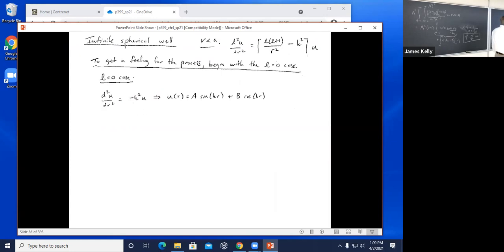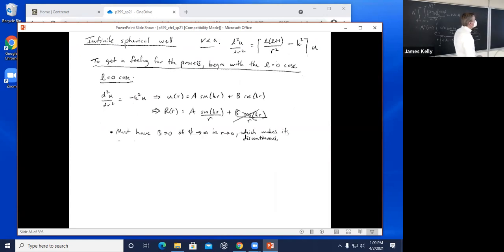And we know the solutions are linear combinations of sine of kr and cosine of kr. And therefore, once we got those solutions, we can divide out the r. The idea is if you know u of r, you can divide out the r to get R of r, which is what we're after. And we get sine of kr over r and cosine of kr over r.